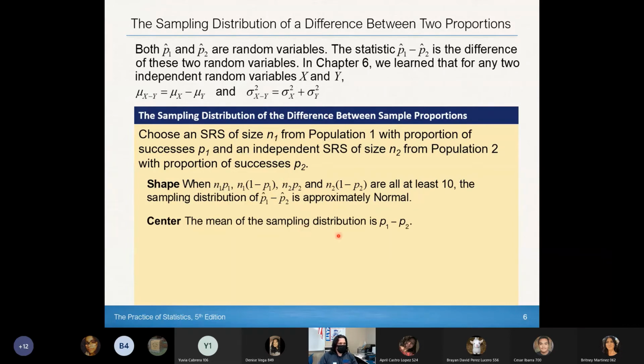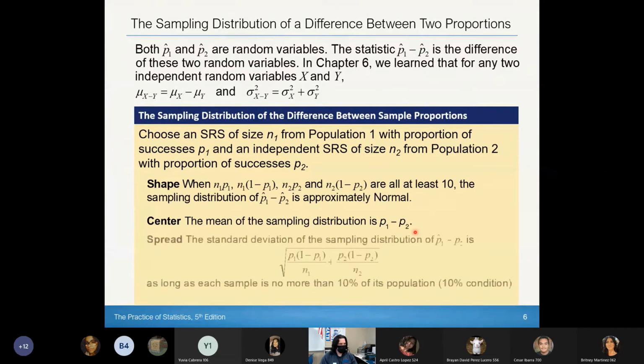Center, the mean of the sampling distribution is p1 minus p2. So population proportion 1 minus population proportion 2.